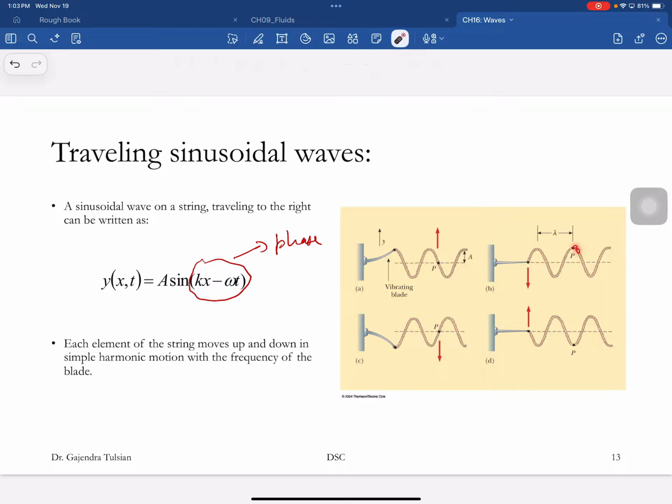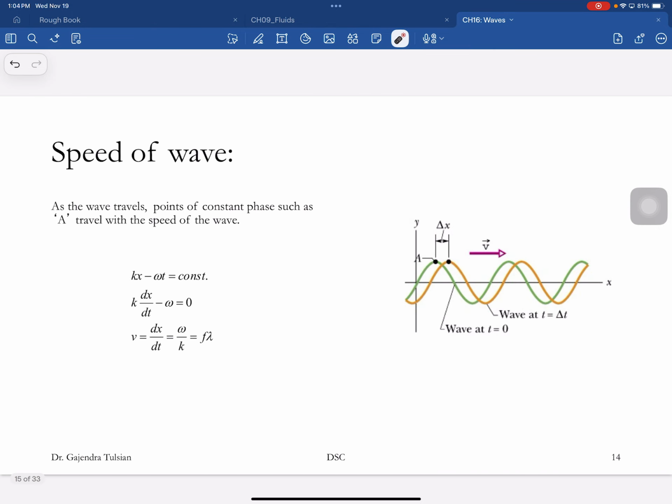When you're tracking this point, what you're tracking is the point of constant phase. This point has a given phase, and the question is how that phase is traveling. So all you do is take the time derivative of the phase, which is constant.